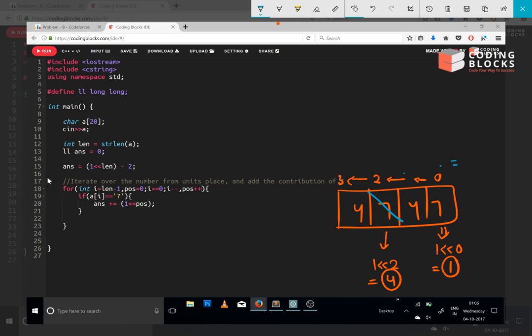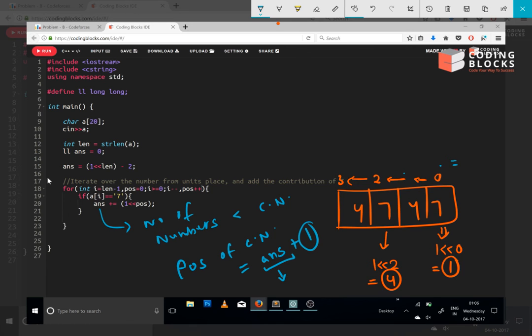And finally, when you have figured out how many lucky numbers, the answer denotes the number of numbers which are less than the current number, right? So the position of the current number will be nothing but answer plus 1, because this value is storing the number of numbers which are actually less.